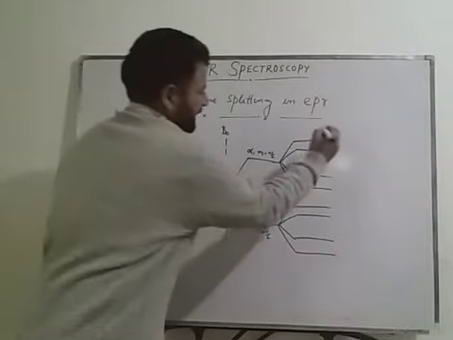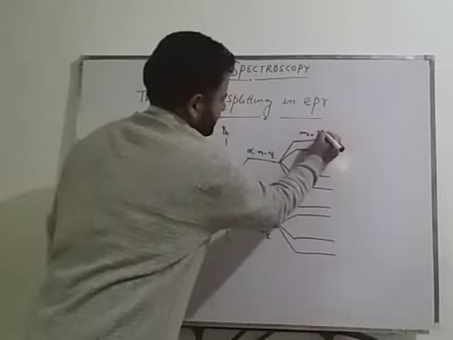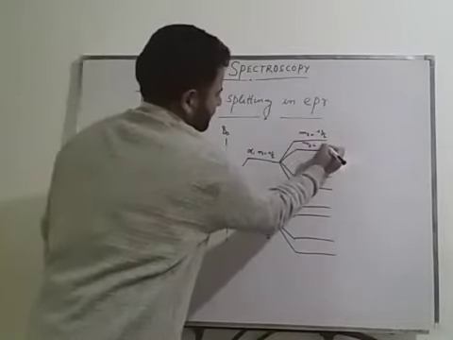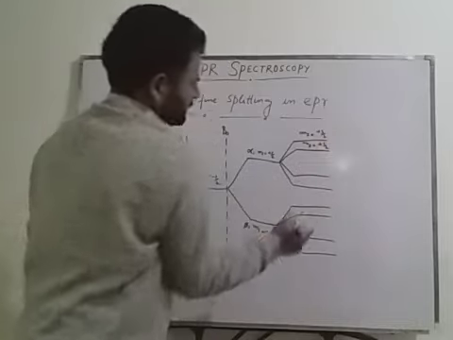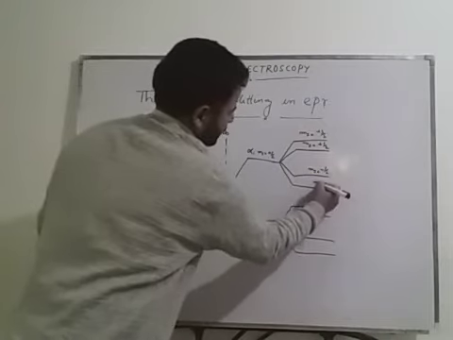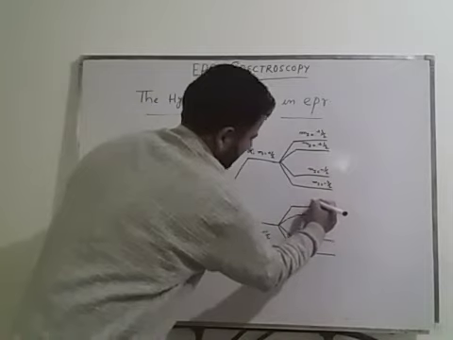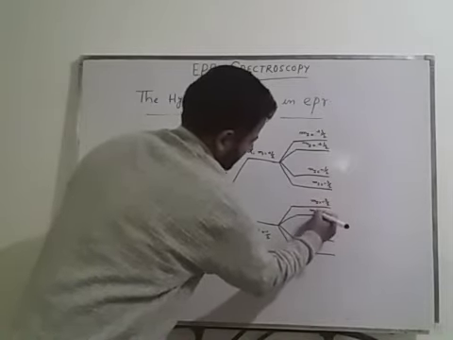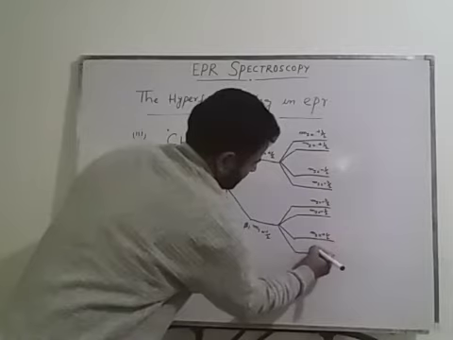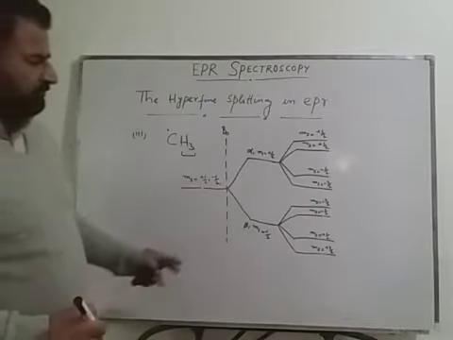So here we can see mI will be equal to plus 3/2, then mI equal to plus 1/2, mI equal to minus 1/2, and mI equal to minus 3/2. Similarly here, mI is equal to minus 3/2, minus 1/2, plus 1/2, and plus 3/2.